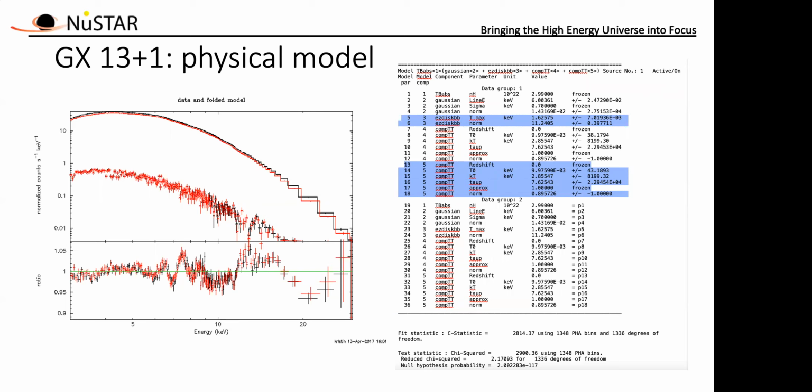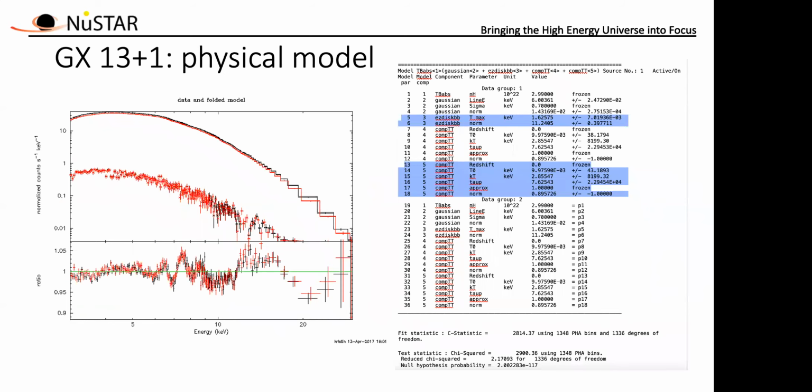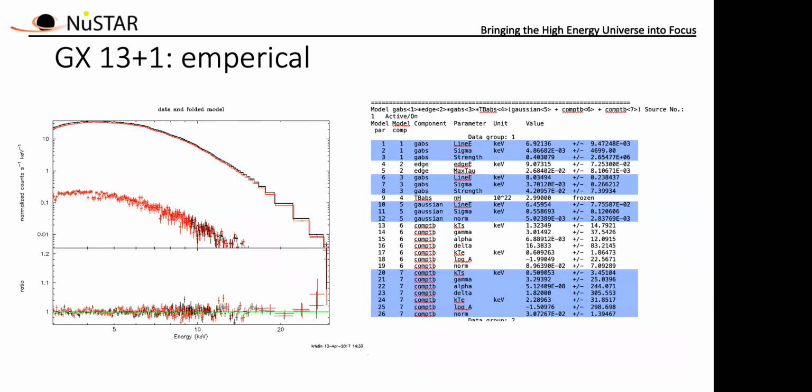That's very typical, and you do a lot of work and you just cannot remove them. So in desperation, you apply what's called an empirical model, and you throw in gabs, Gaussian absorption features, and edges to remove these bumps and wiggles in order to make it flat. So you fit the spectrum. It's not physically motivated, but empirically you can make it flat. Now you shouldn't be doing this, but in some cases you need it to be flat because you have to do some things to it.